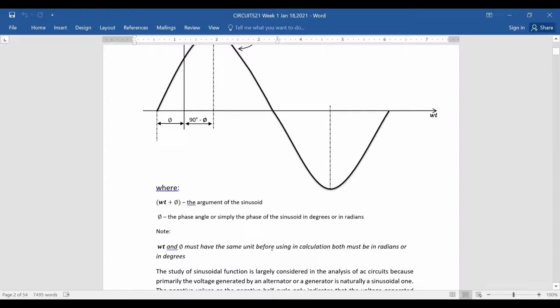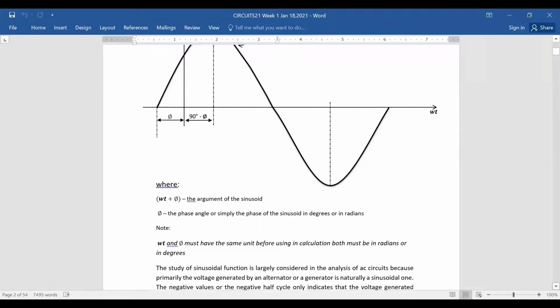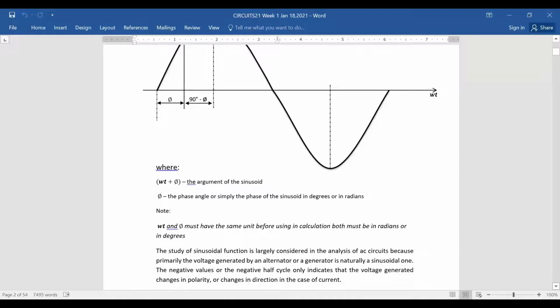Otherwise, the value of the sine or cosine of omega t plus phi will not be correct, if we use, say, omega t in radians and phi in degrees. If we do that, then we'll get an incorrect answer for the sine value of this argument. Okay, so both must be in degrees or in radians.